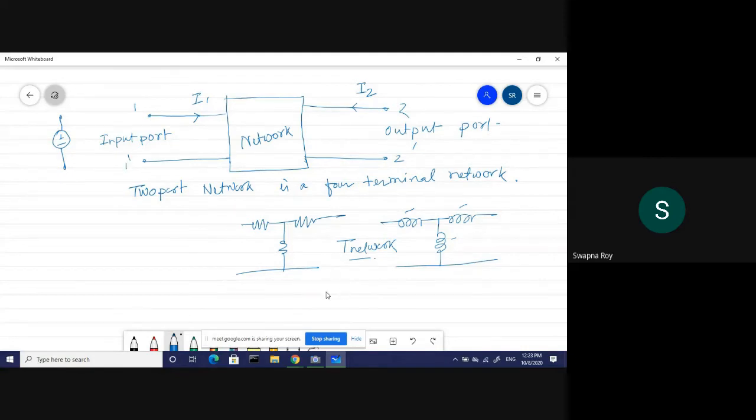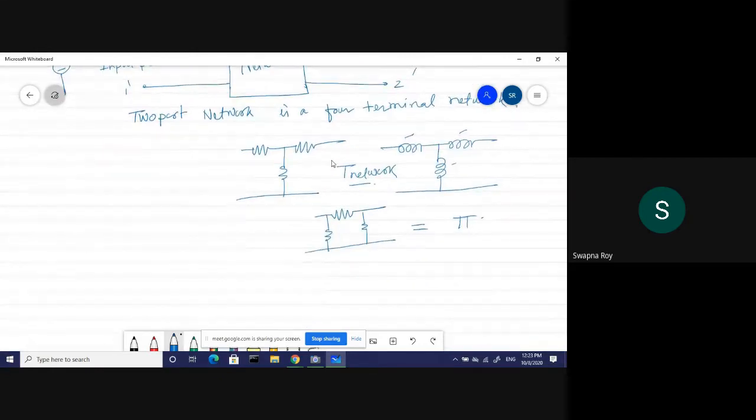If the network is designed like this, this is similar to pi. So we can see pi network and T network. So when we use AC, the impedance will be, say, Z1.